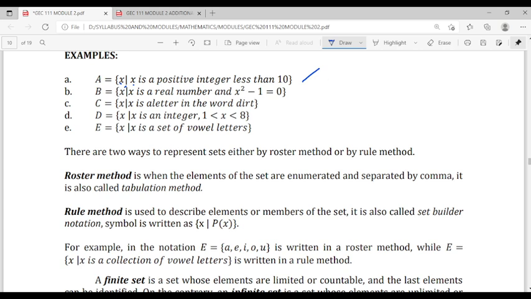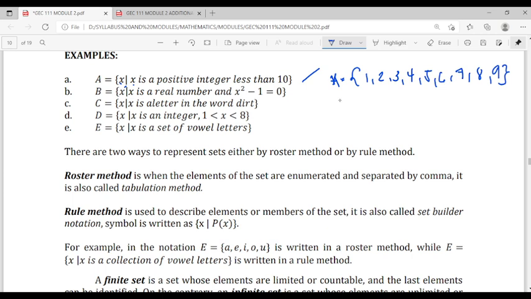So if we look at the elements of set A, x is a positive integer less than 10. So we start from 1, 2, 3, 4, 5 up to 9 only because it is less than 10. It did not say less than or equal to 10.